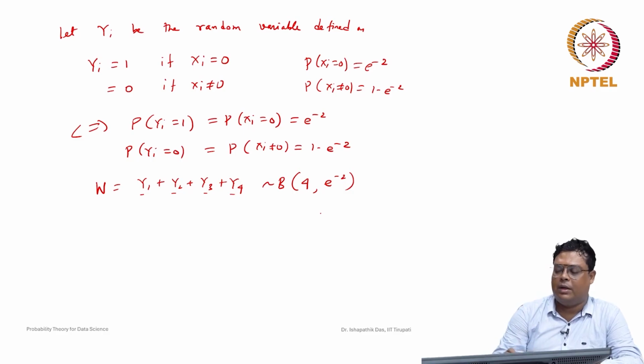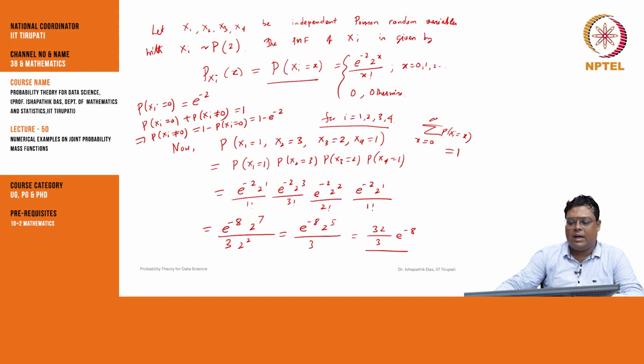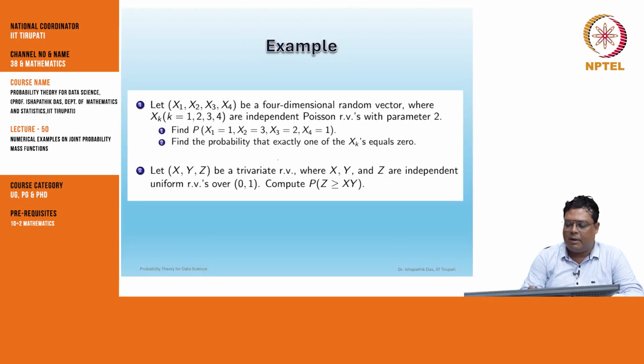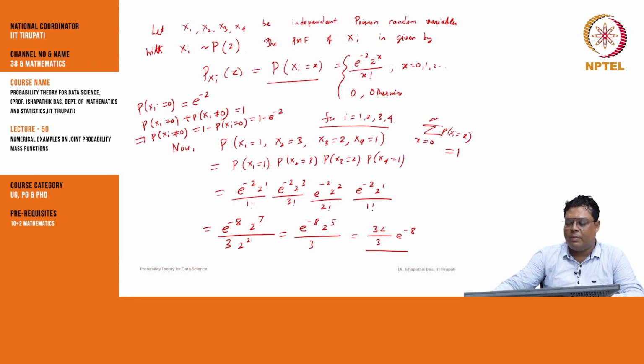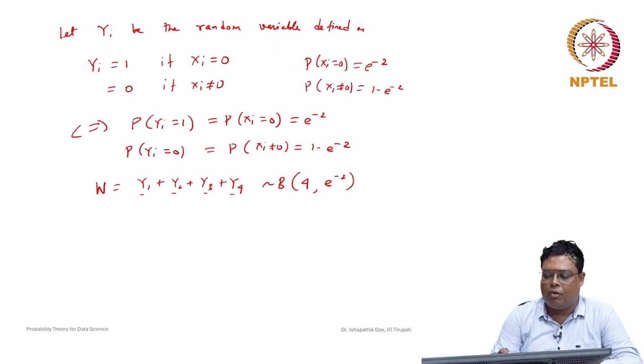Then it is asked that exactly one of them is 1, that is, find the probability that exactly 1 of the xk is 0. Exactly 1 of xk being 0 means exactly one of y1, y2, y3 or y4 will be equal to 1, because xi is 0 means yi is equal to 1.